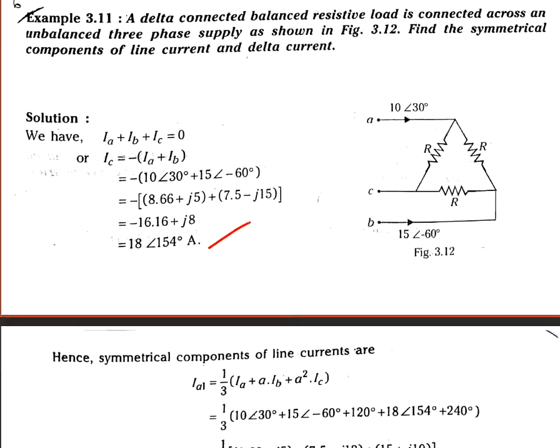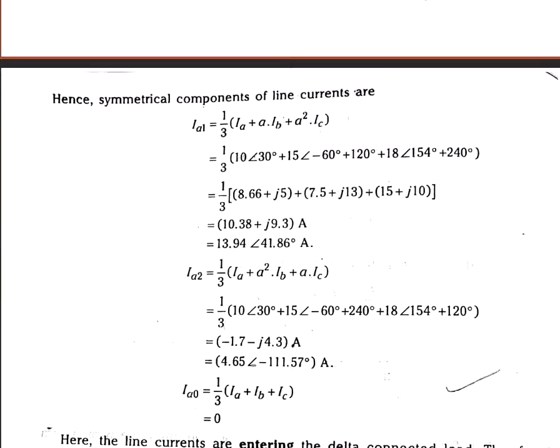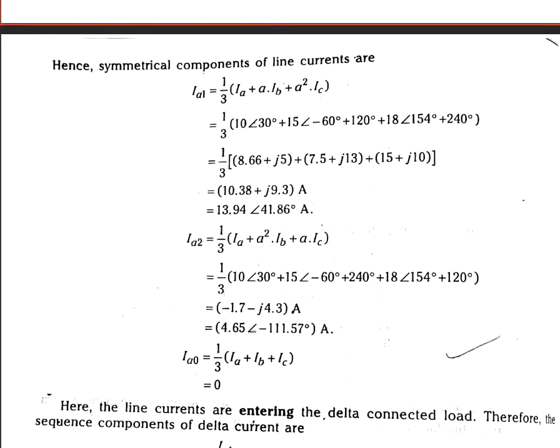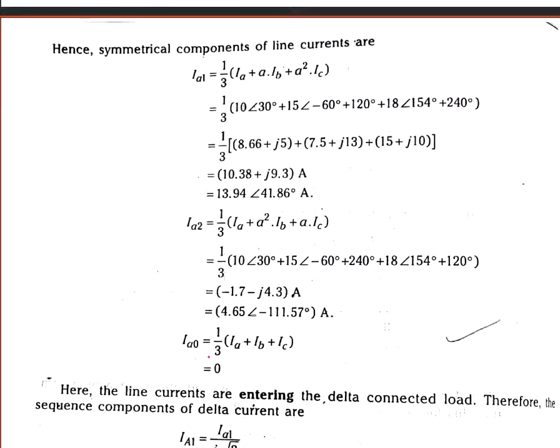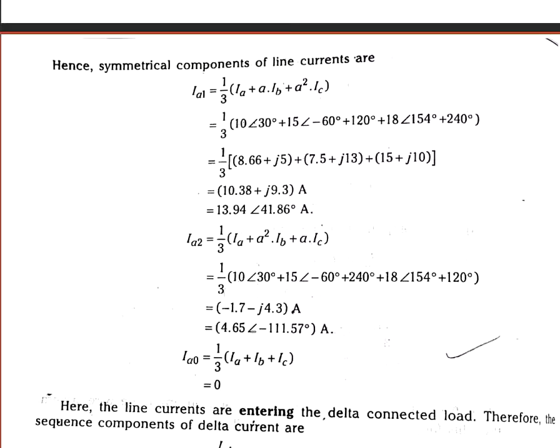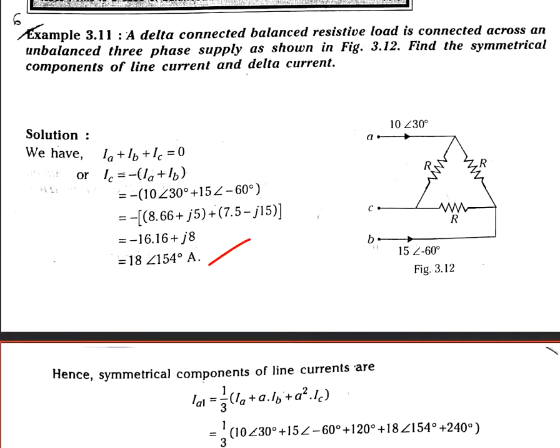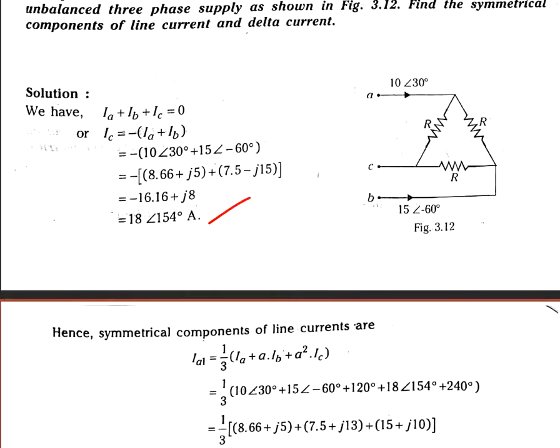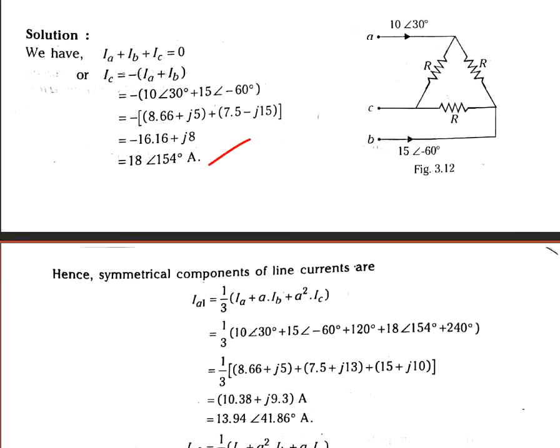Now similarly apply the formula for IA1, IA2 and IA0. IA0 is obviously 0, so directly write 0. Now find out IC, what are you getting? IC is 18 at an angle 154.